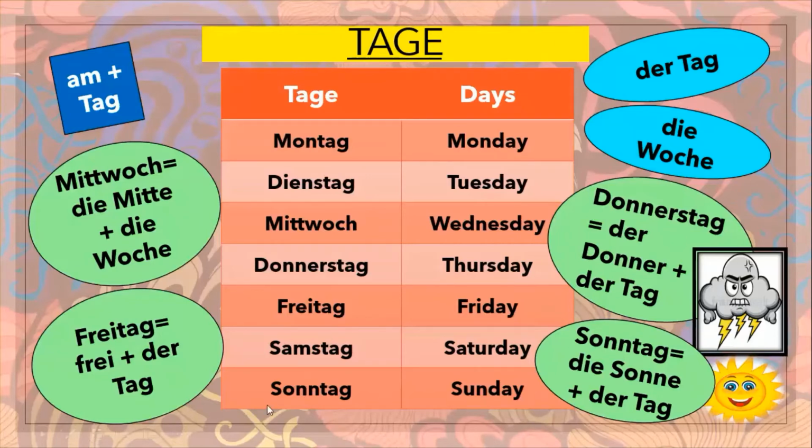The word Sonntag is similar to the English word Sunday because it has the word die Sonne, even though the E of Sonne is not visible in this word, which is the sun, and der Tag, which is the day.